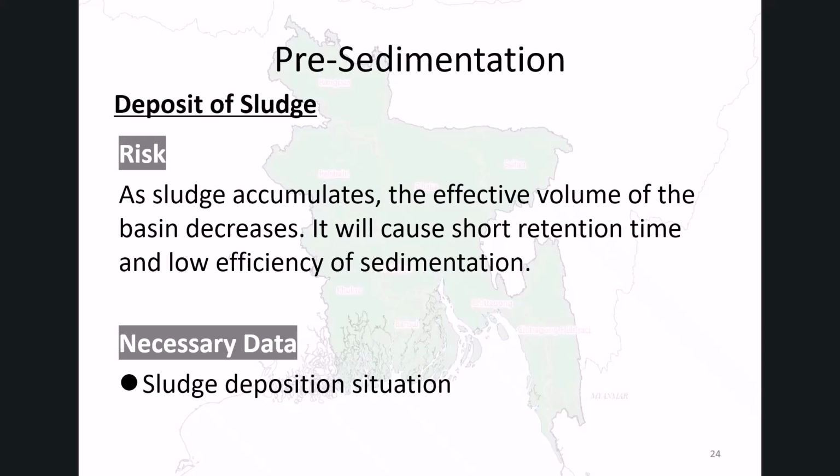When retention time becomes shorter, turbidity at the outlet increases, which places extra load on the slow sand filter. Therefore, the necessary data to observe is the actual sludge deposition condition inside the pond. Without checking this, operators may not realize why turbidity control is failing.